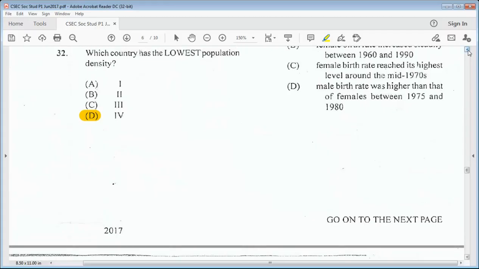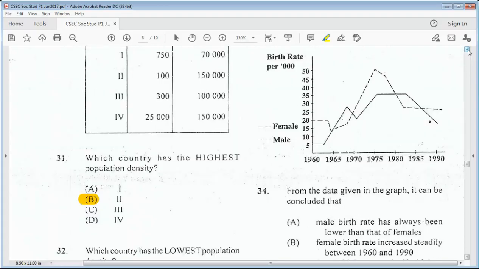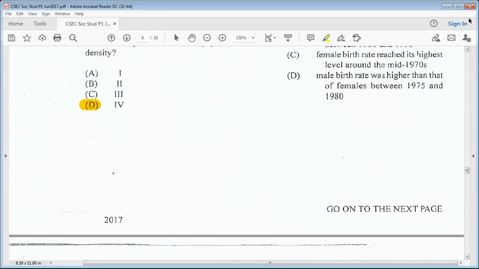Let's look at option B. It says female birth rate increased steadily between 1960 and 1990. Let's look at it. Female, no, it did not increase steadily. It fluctuates. It went up, then it came down. So it's not steadily. So B would be out.